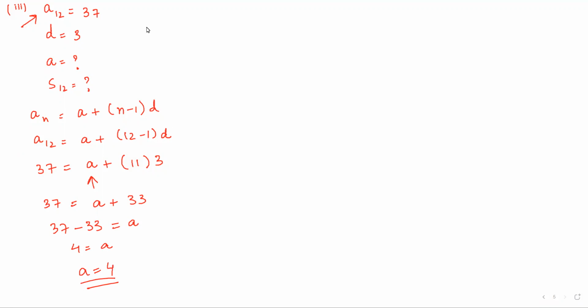Simple. And then S12 you have to find. Sn is N by 2, then 2A plus N minus 1 into D. So S12 becomes 12 by 2, 2A plus 12 minus 1 into D, right?